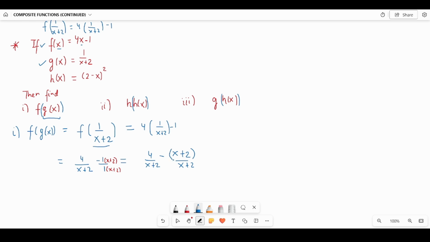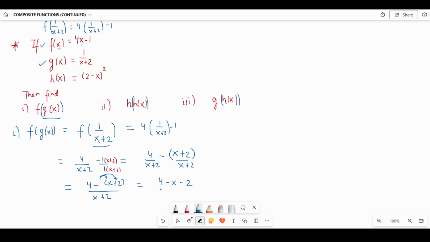Now here you can see that the denominators are same. So we can simplify this fraction now. So we can write it as 4 minus x plus 2 divided by x plus 2. That will give us 4 minus of x is minus x and minus of 2 is minus 2.